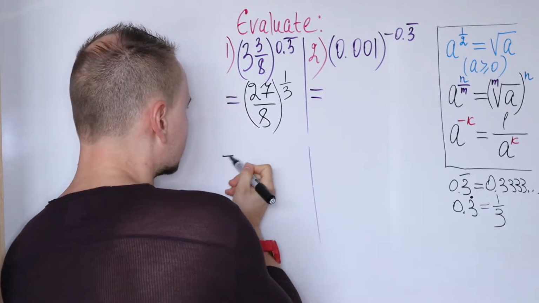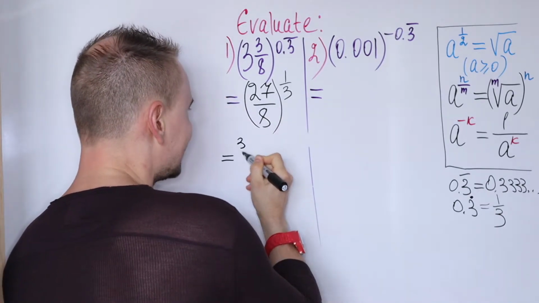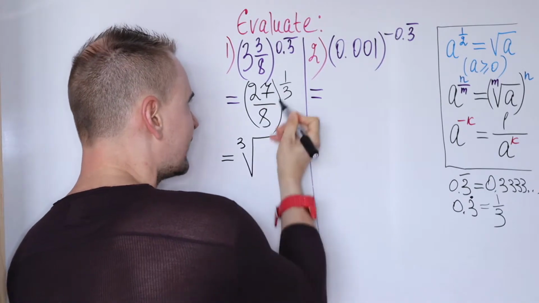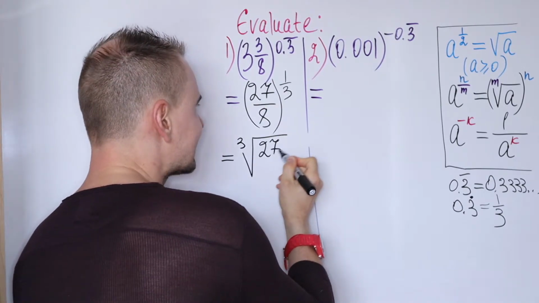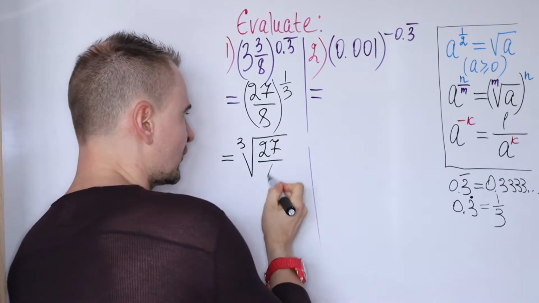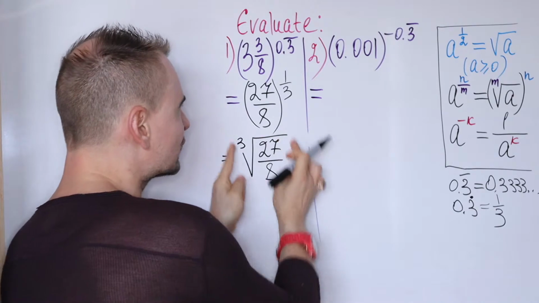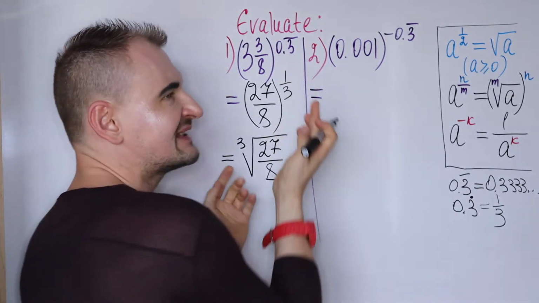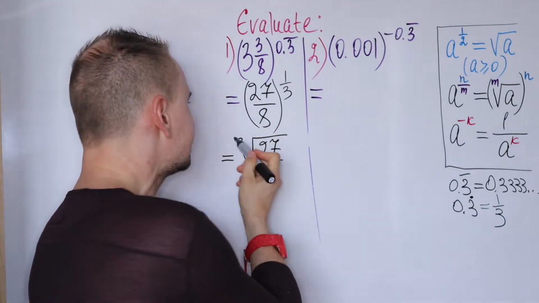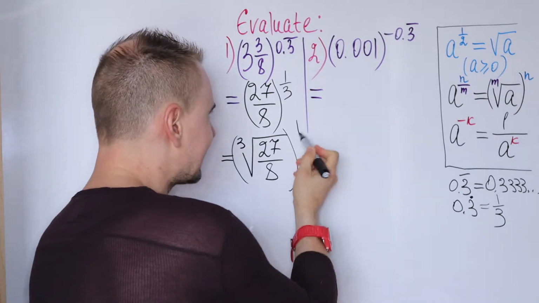So let's convert it. Again, the bottom number takes a root of whatever you are given. Your base is a fraction, so you keep it, and this thing has to be raised to the first power. Technically, it's like this.